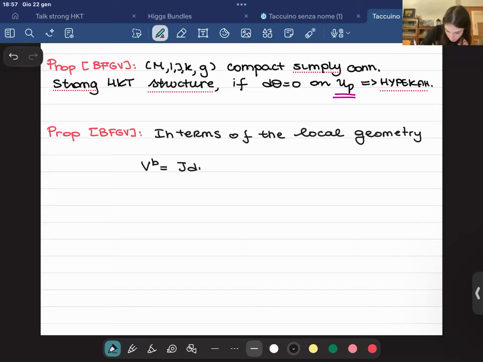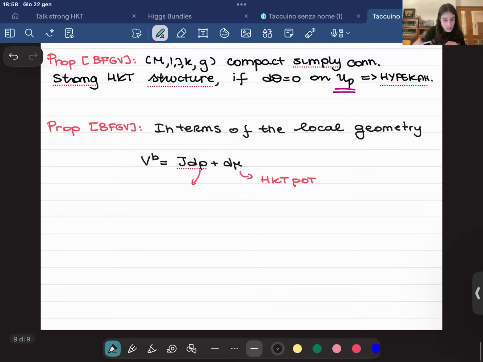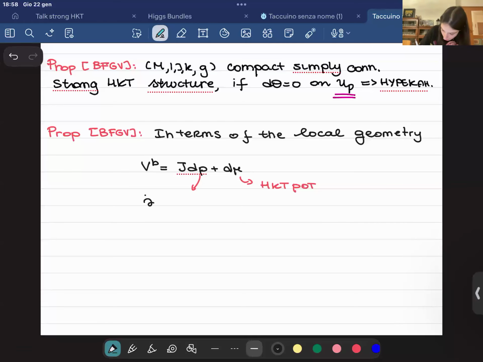This is JdP plus d mu. This is my HKT potential, while P is a function that in turn depends on mu. But more importantly, the function satisfies del bar I J del of P equal to 0.